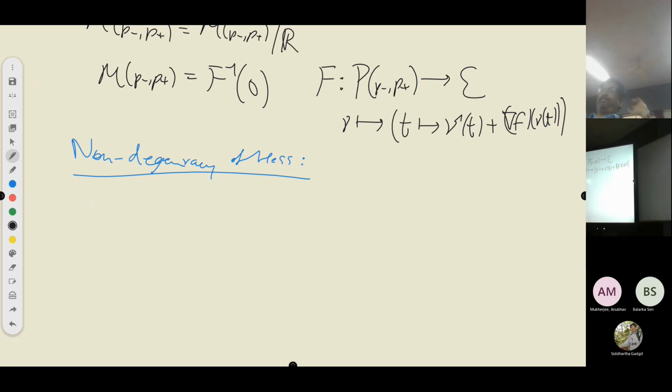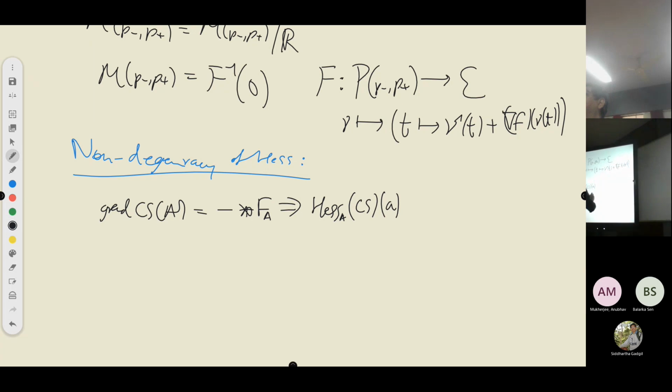Recall that the gradient of the Chern-Simons functional at a connection A was minus star F_A. So we're working with the three-dimensional story. This is what the gradient was, which we computed last time. It follows just from this that the Hessian at A of the Chern-Simons functional applied to some connection little a is d/dt of minus star F_{A+ta} evaluated at t equals 0.